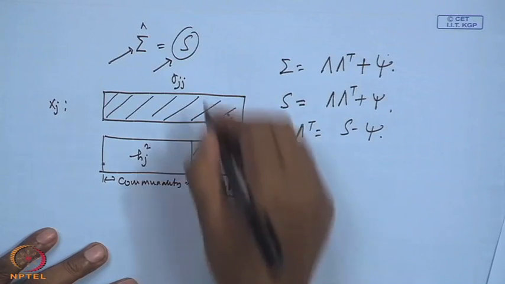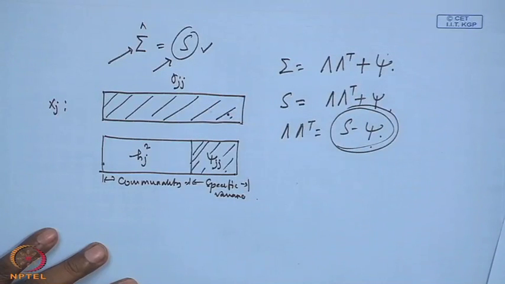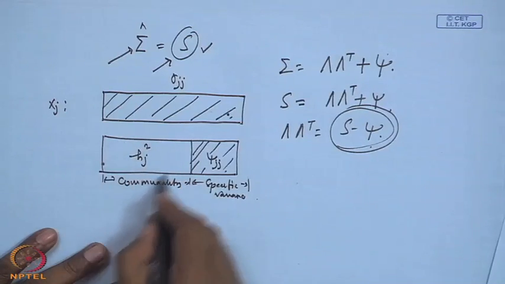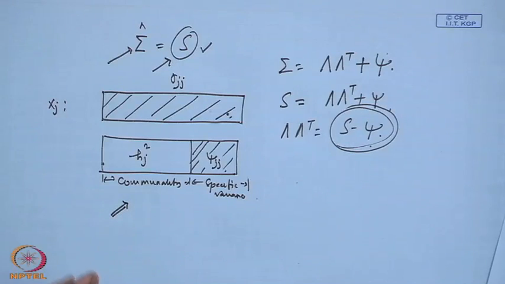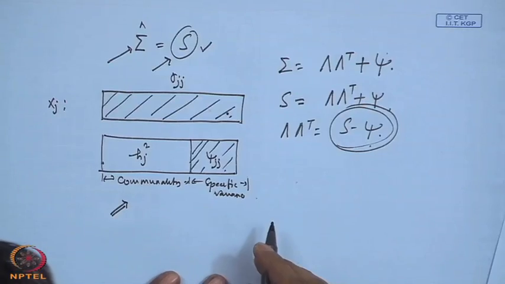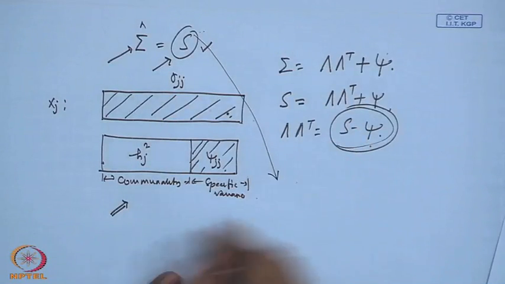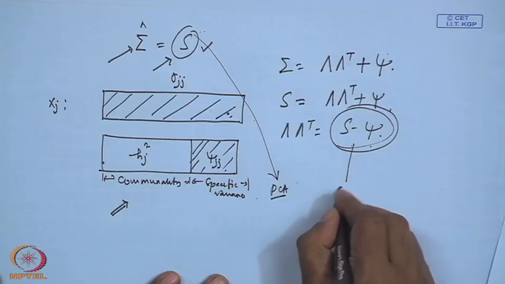So instead of the S matrix, if we now factorize the S minus psi matrix, we are not taking this one, we are basically considering the communality, that is the common variance explained by the factors. Clear? Whatever method we have adopted so far, that is principal component, we decomposed S in the PCA based method. Here what we are saying is we decompose S minus psi.